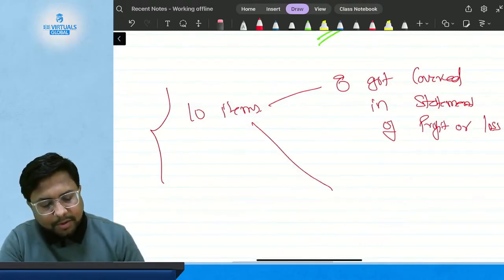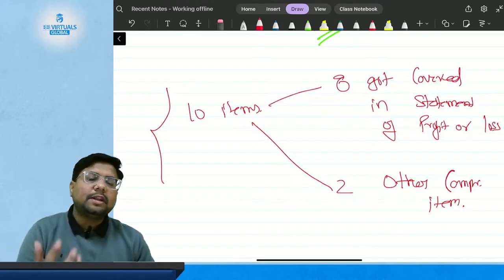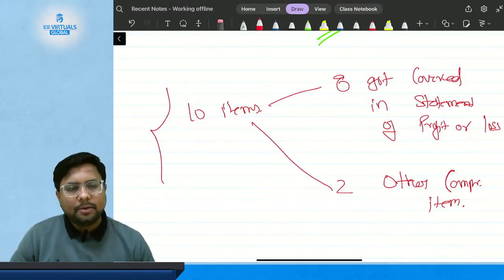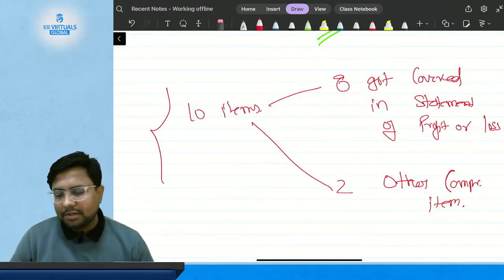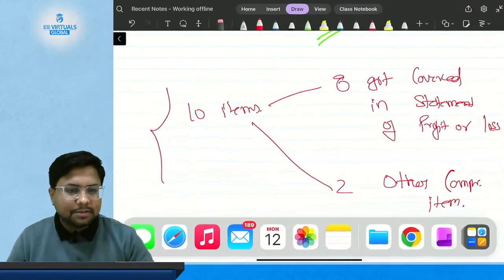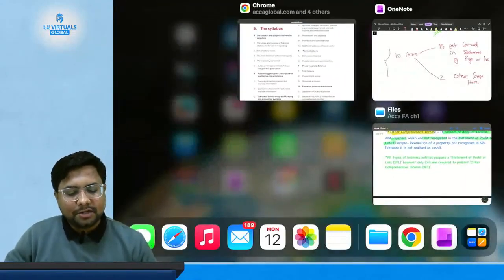So the remaining 2 items will be shown in the other comprehensive items statement. Sir, what are the items which are not going to be covered in the statement of profit or loss or need to be shown in the statement of other comprehensive items? We will discuss this in the particular chapter, that is preparation of financial statements.